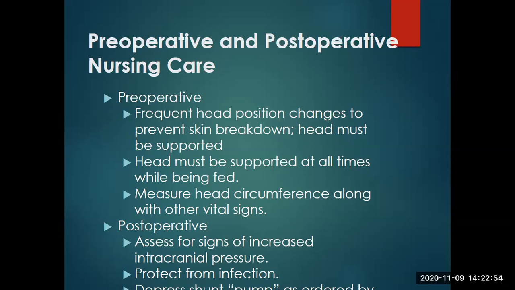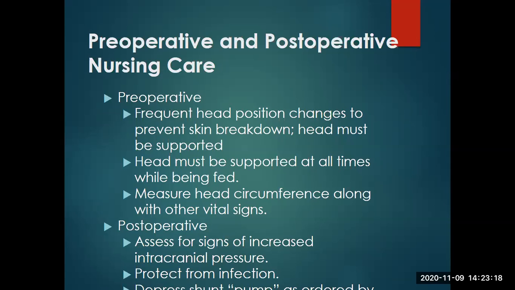That's going to be another priority. The head and the chest measurements, again, that's going to be recorded. And also the peritoneal shunts that are placed. The abdomen is also going to be measured, because you want to see whether there's going to be any distension, or if the body is actually absorbing the fluid.